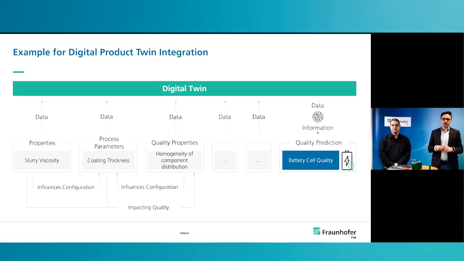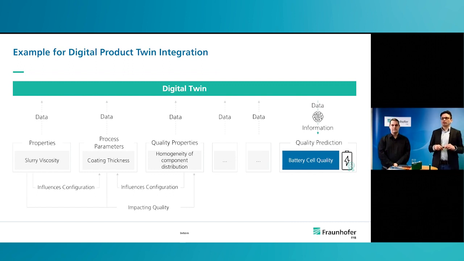And this is something that we can see here as a rough depiction. We have a lot of information for each of our battery cells. We might have some properties, for example, the slurry viscosity that was measured during the respective process phase. We might have some process parameters that we were able to collect during the process, for example, the coating thickness.